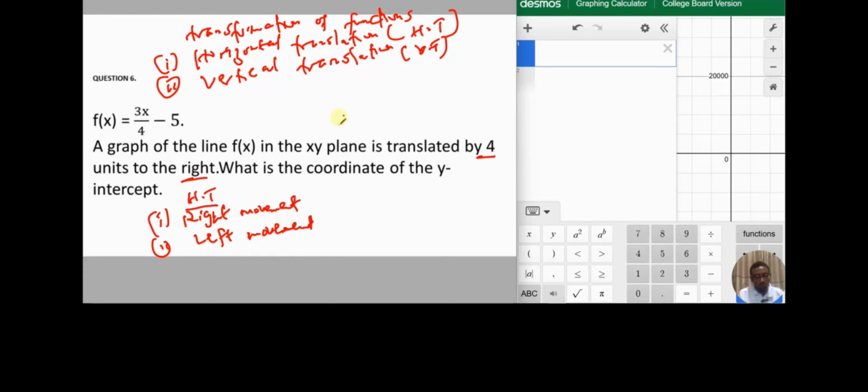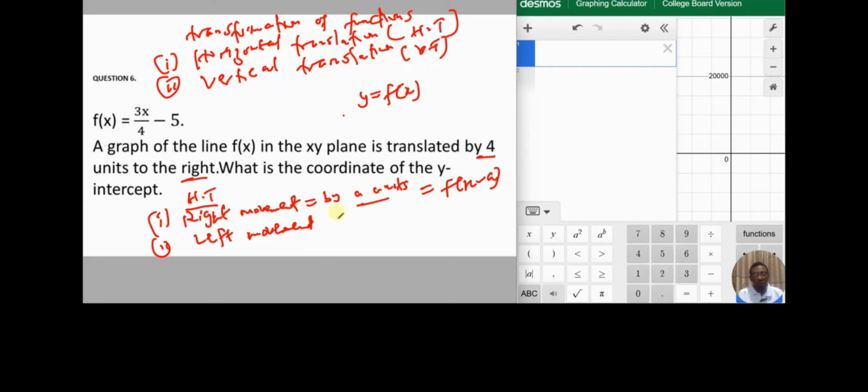So let the function be f of x. If a function is translated to the right by a units, what I have is f of x minus a.